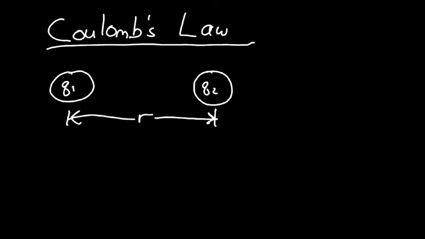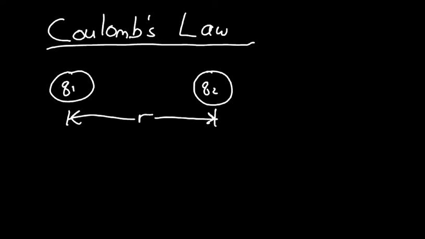Now, something that electric forces have in common with gravitational forces is how the magnitude of that force is determined. Both with gravitation and with electric forces, the strength of the force depends on the product of whatever that property is that's causing that force to exist. So for gravitation, it's mass. For electric forces, that's charge.